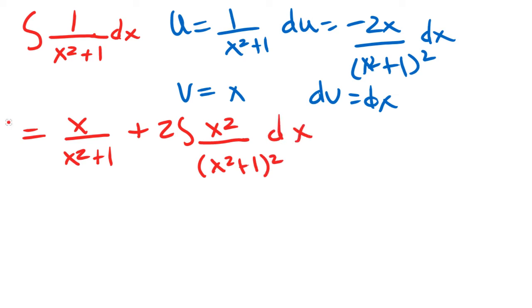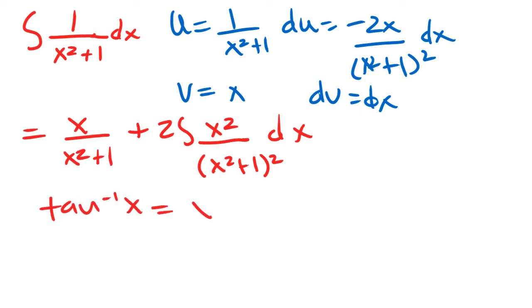Now, notice this though. In actuality, this tells you that we can solve where the integral of 1 over x squared plus 1 is actually just arctangent inverse of x.